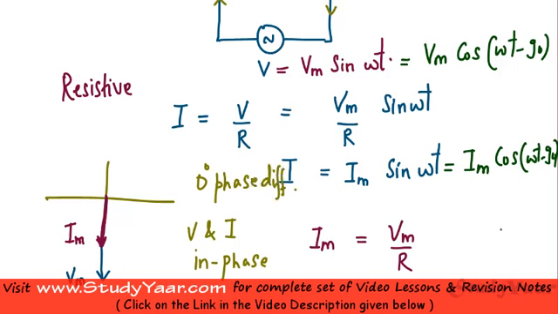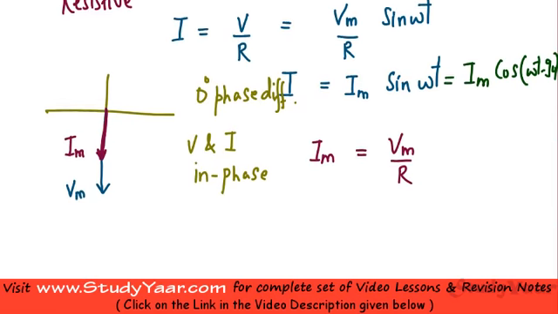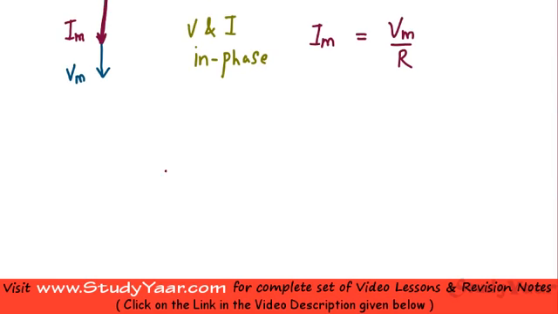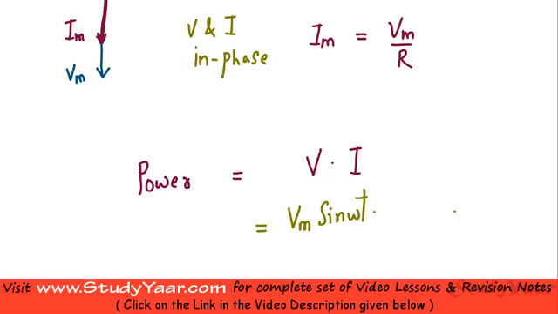Now let's see what is the power that is delivered in a purely resistive circuit. We know power is simply voltage into current. Your voltage is Vm sine omega t, your current is Im sine omega t.